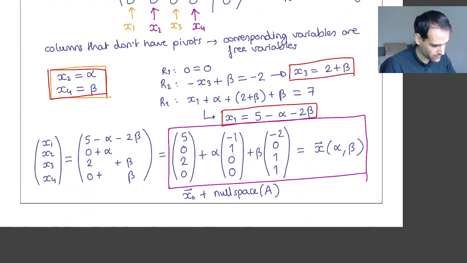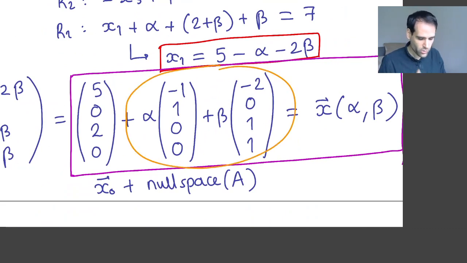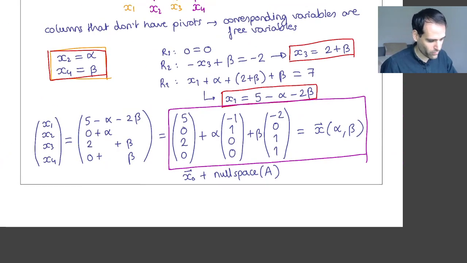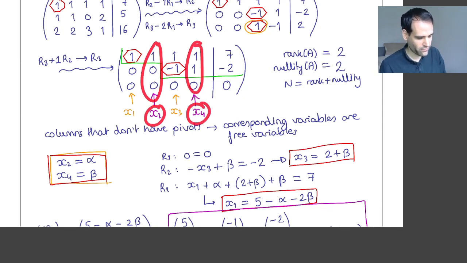And indeed, Gaussian elimination gave us the null space, and the null space is a plane. It has 2 degrees of freedom. And of course, the nullity is equal to the number of columns without a pivot, because those columns are free variables. So the free variables, which are the columns without a pivot, those are x2 and x4.